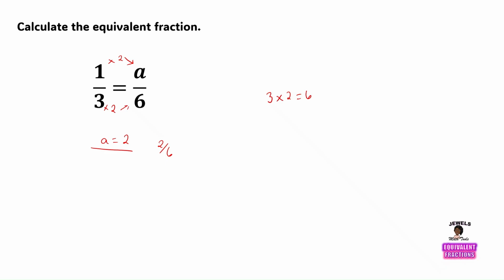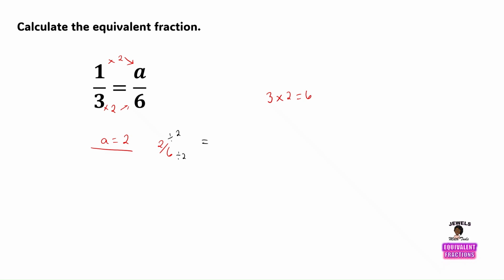So with our fraction 2 over 6, since I multiplied here, I'm going to be using the opposite operation of multiplication, which is division. And in using my division, I'm now going to divide both parts of my fraction by the number that I multiplied both parts of the other fraction by, just to see if I'm going to get back my original fraction of 1/3.